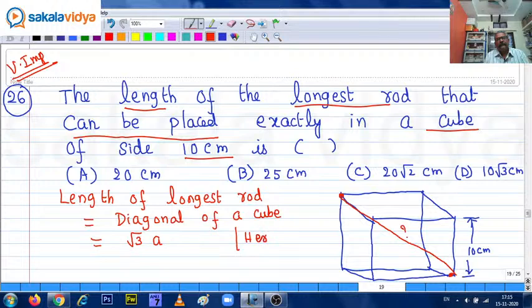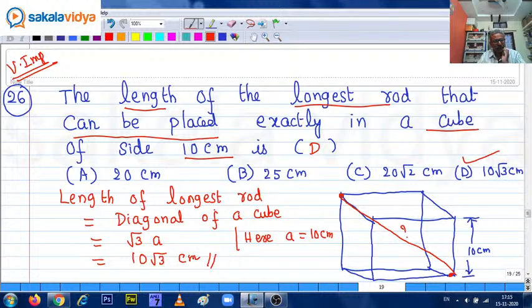Here side a is equal to 10 centimeters. So that's why 10 root 3 centimeters. This is the answer. So D is the right answer.